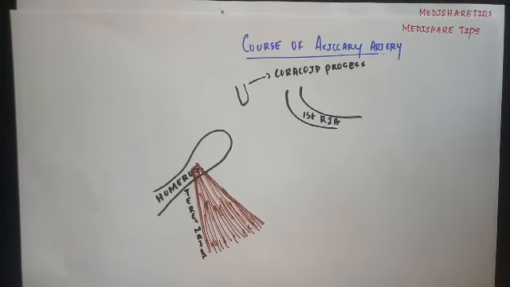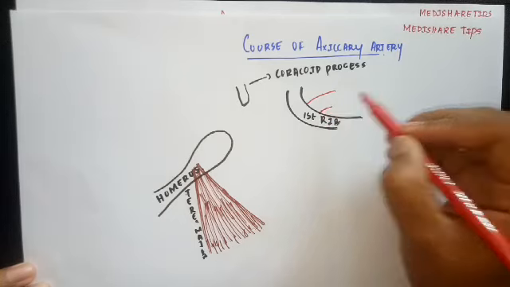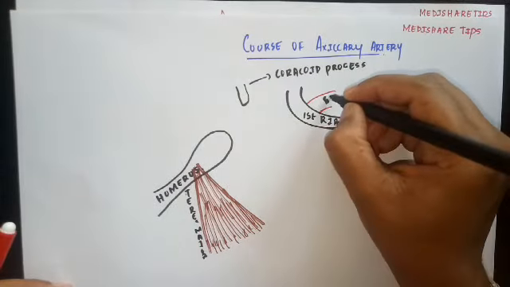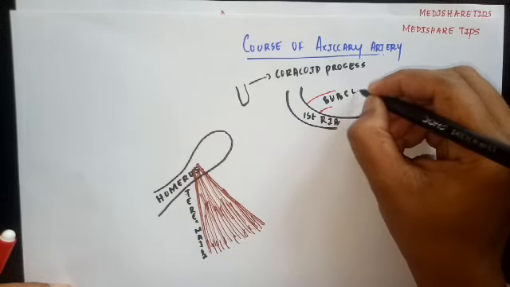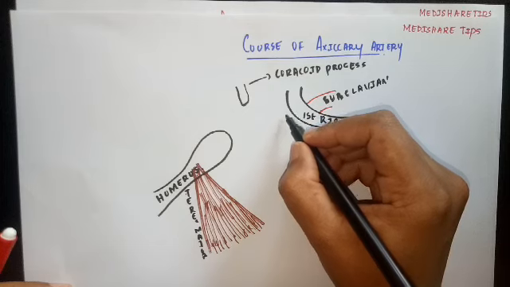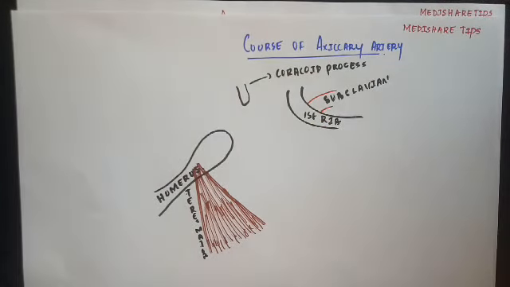So the axillary artery is a continuation of the subclavian artery. So this is a subclavian artery. At the outer border of the first rib, the subclavian artery continues as the axillary artery.